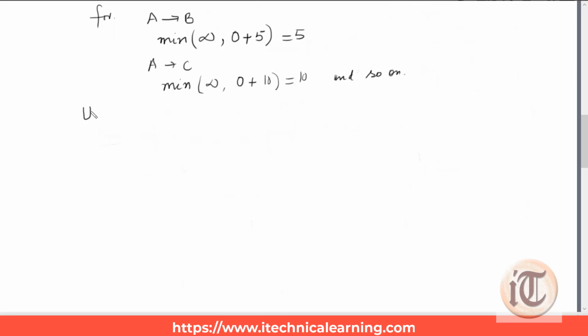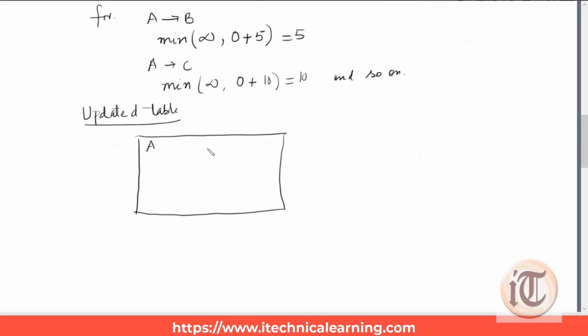So our updated table after doing this will be: we'll take A, B, C and D, and the data for these columns initially was 0 marked, and infinity, infinity, infinity.